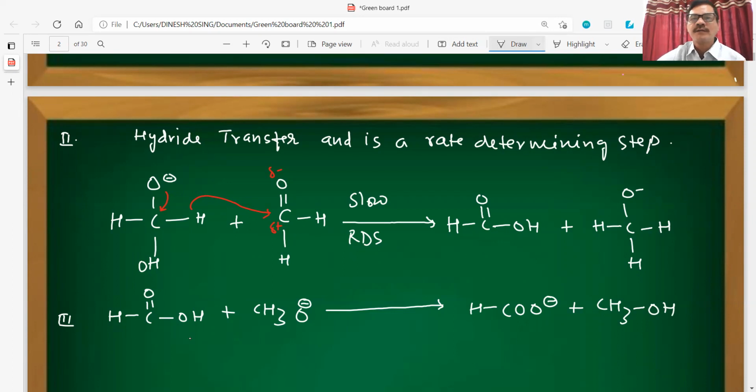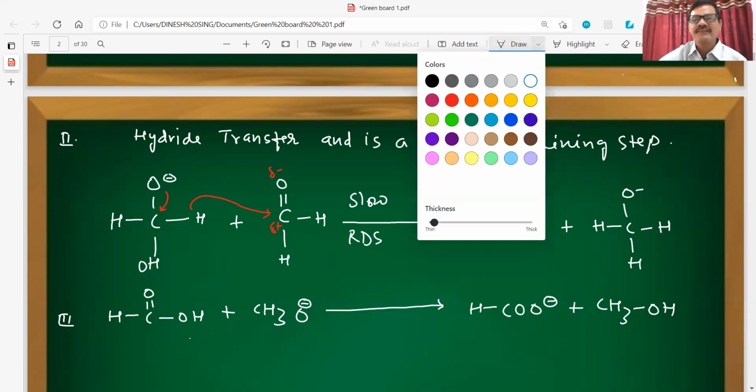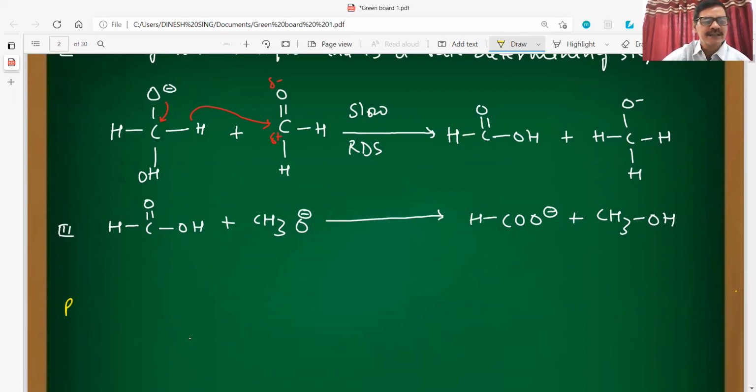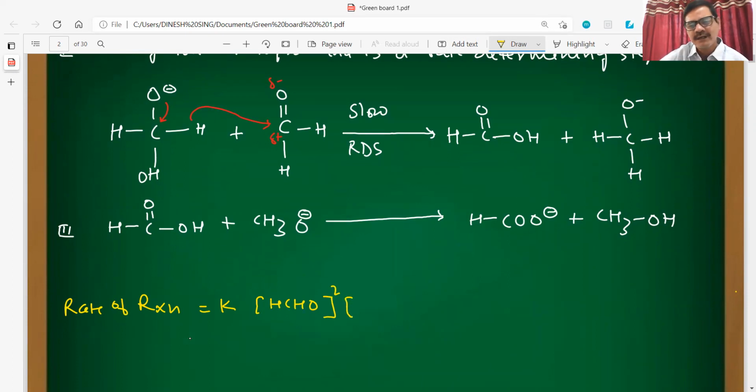If we talk about the kinetics of the reaction, that is the rate of reaction, the rate of reaction will depend upon the square of the concentration of RCHO, 2 moles of RCHO, and OH minus, the strong base.